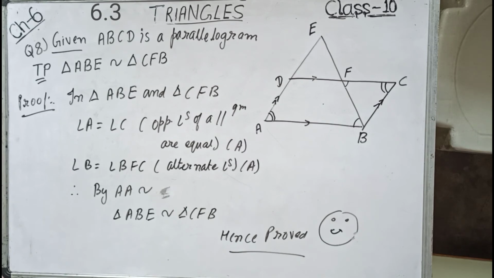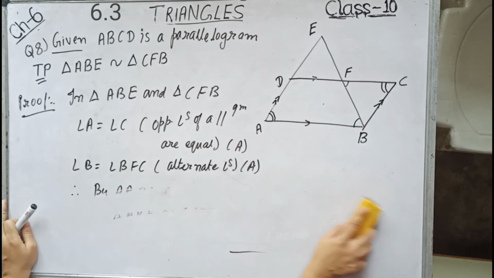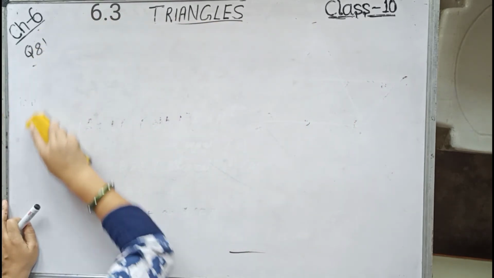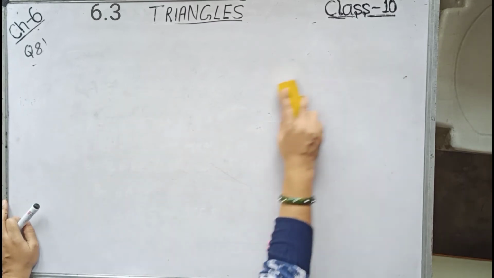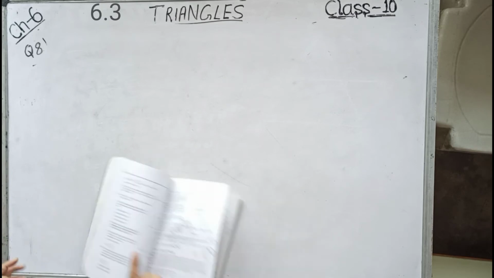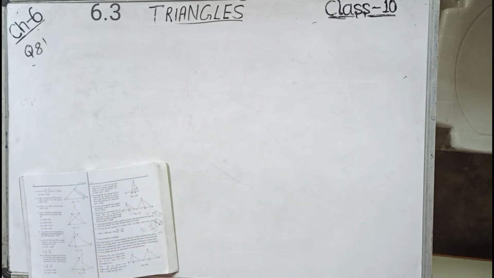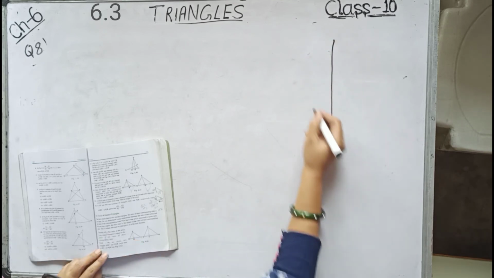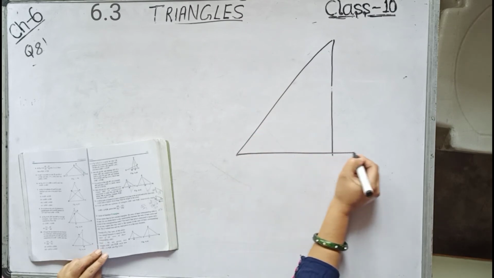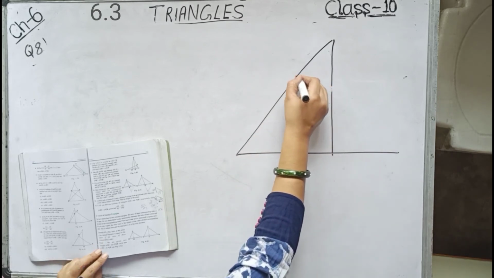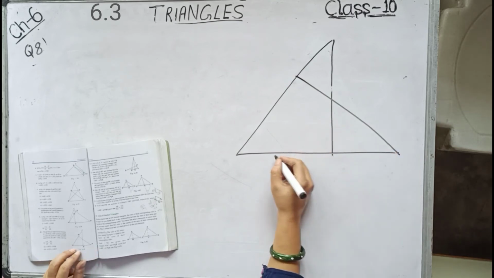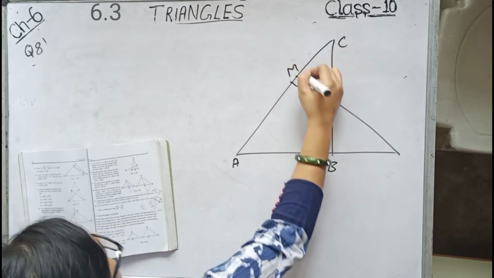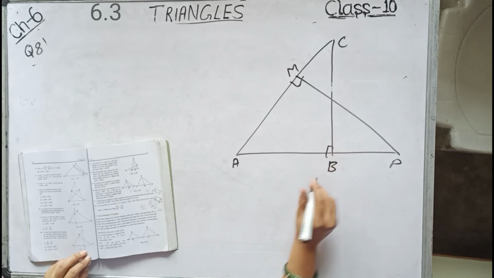So let us move to question number 9. Question number 9 is saying that a figure is given. A, B, C, this one is perpendicular, M, P, and this also is perpendicular.